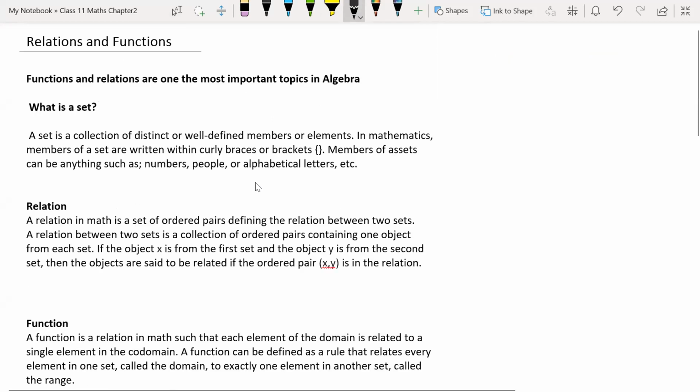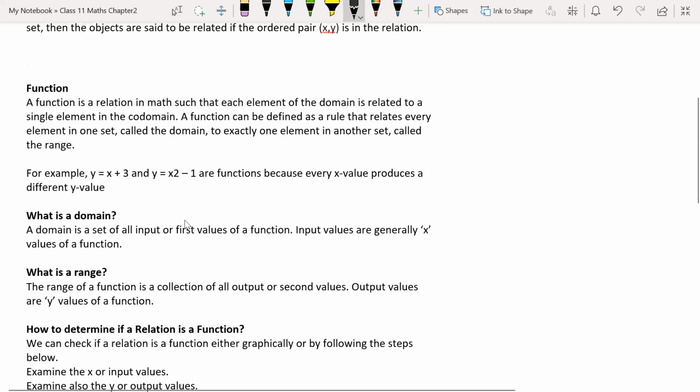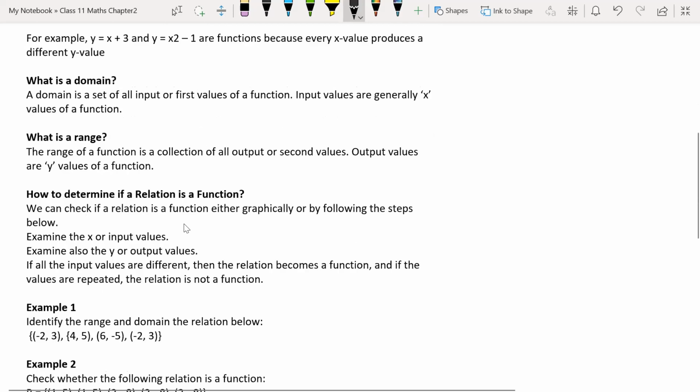In today's class, I will discuss what relations are and what functions are, what the difference between them is, what a set is, and which makes the function and which makes the relation.